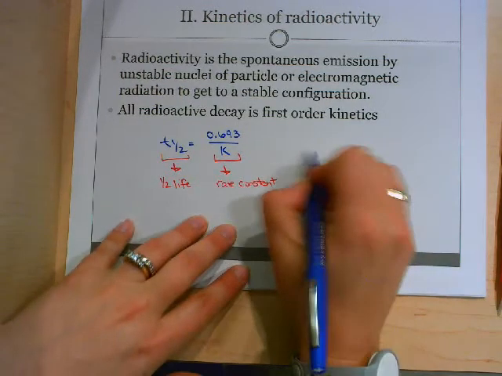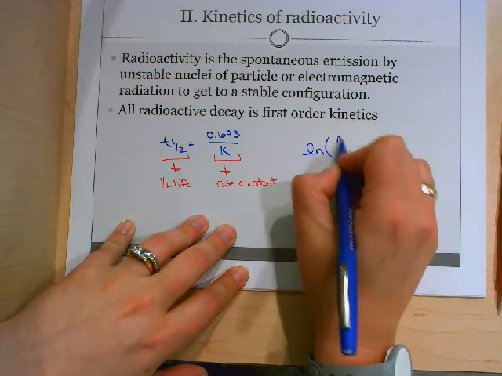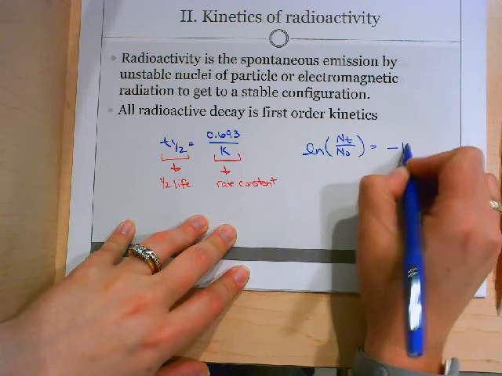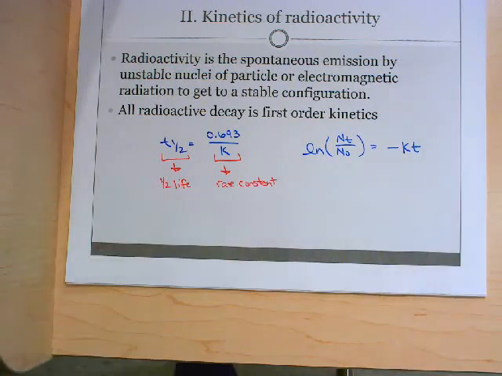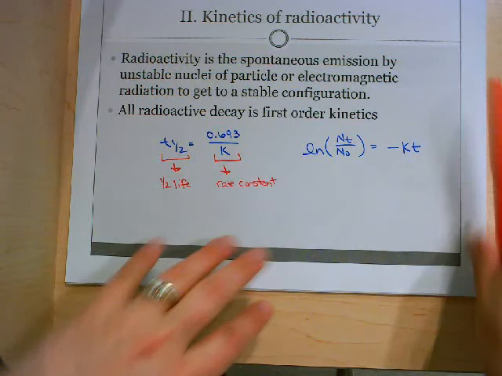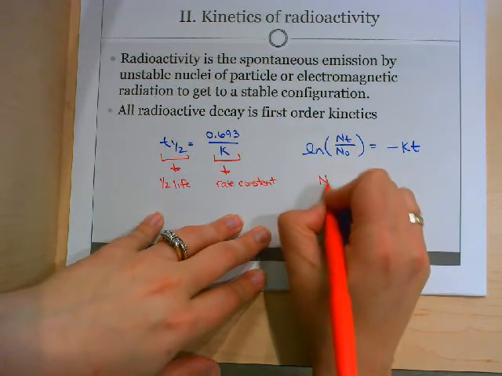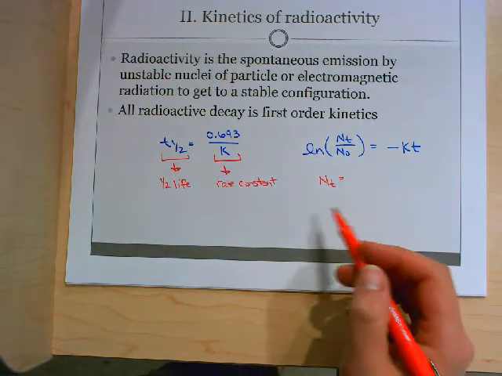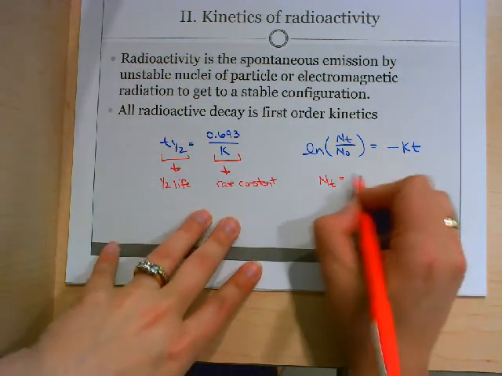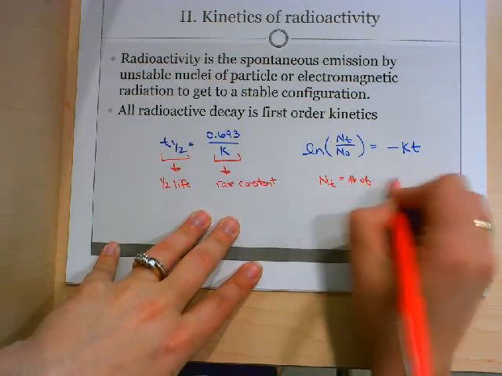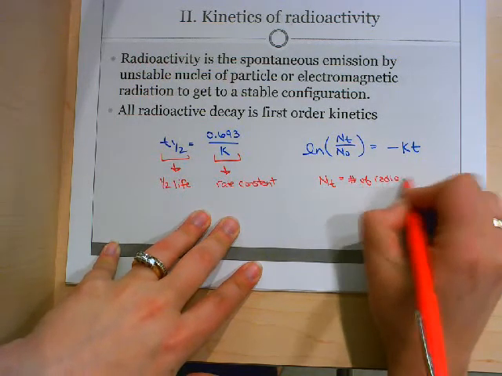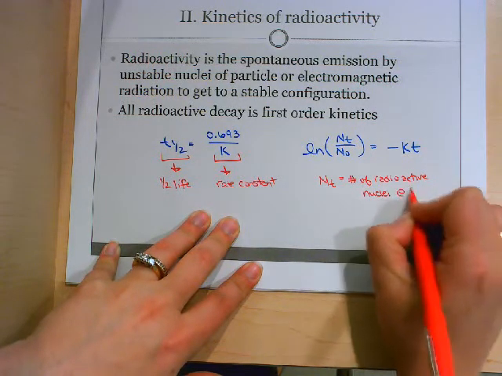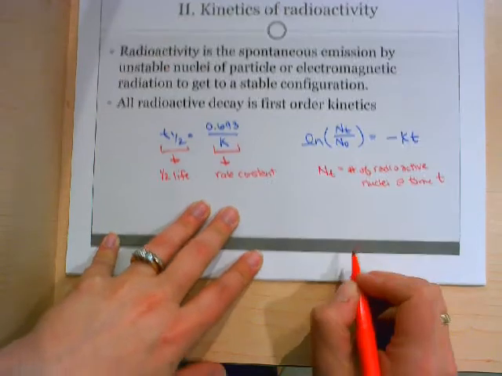Okay, the other version of this we use was that. Which in this specific case, N_t is the number of radioactive nuclei at time t.